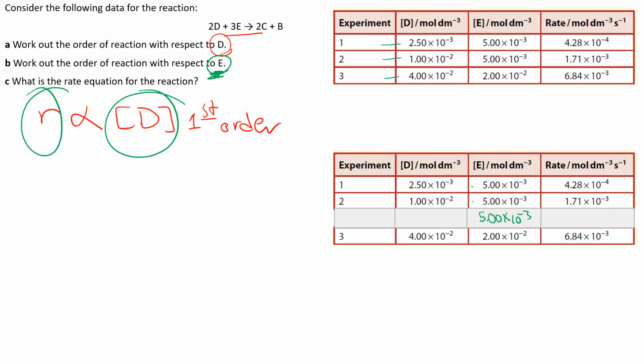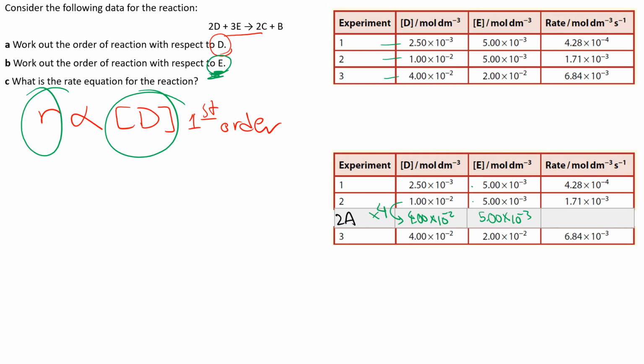Let's say that we will multiply D by a factor of 4 from experiment 2 to our new row. Let's call this new experiment 2A. D will be 4.00 multiplied by 10 to the power negative 2.